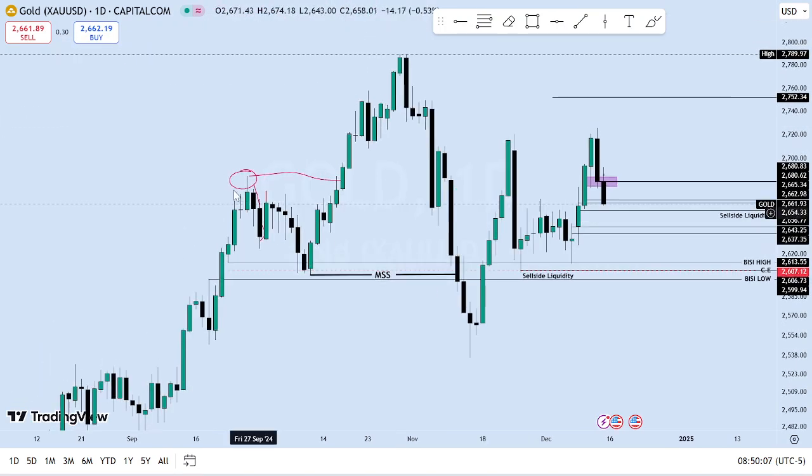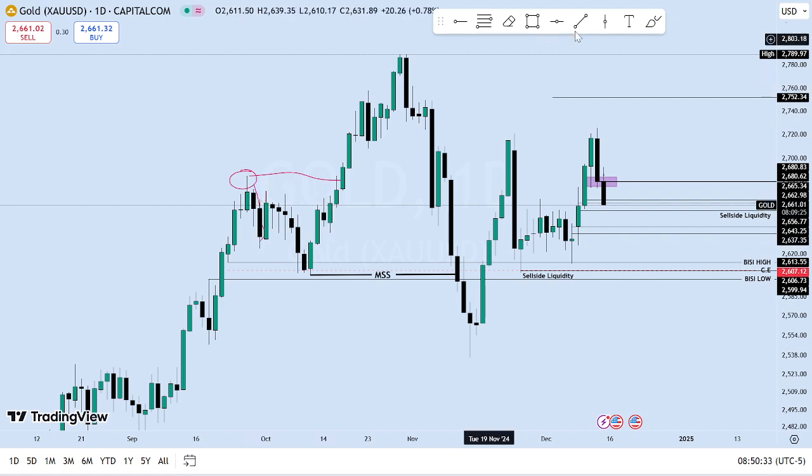Then you can target a high here. We are having a low, then a high before we drop, creating a lower low. This low is higher than this low, and here is lower than this low.